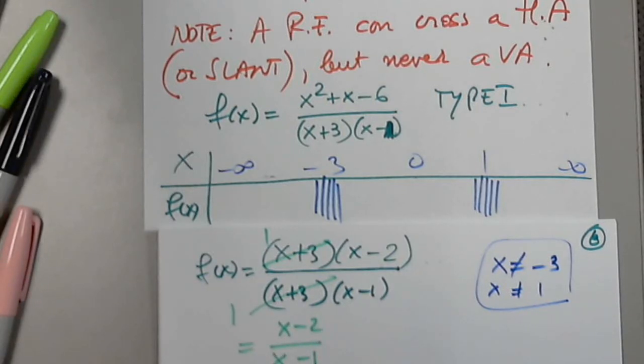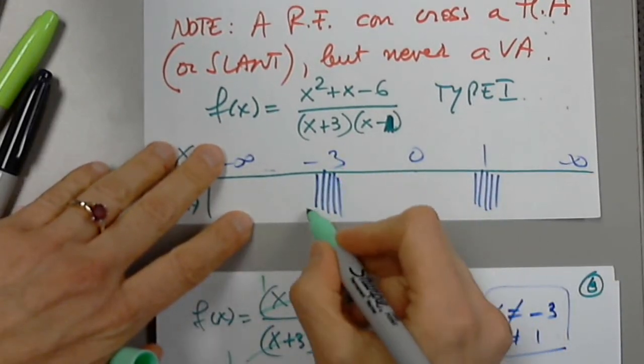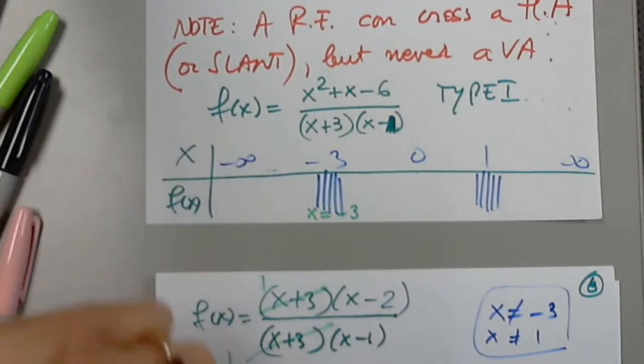Very good. So as you notice, one of these two factors in the denominator goes away, which is x plus 3. So do you think I am going to write in my chart under x equals -3, will I write a VA? The answer is no, because the factor had disappeared with a factor from the top. What's going to happen in there?